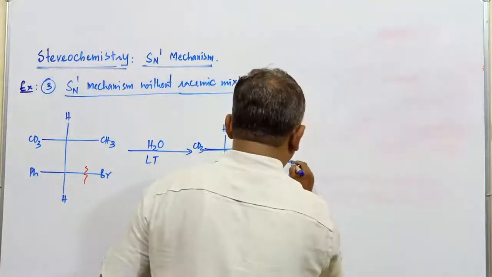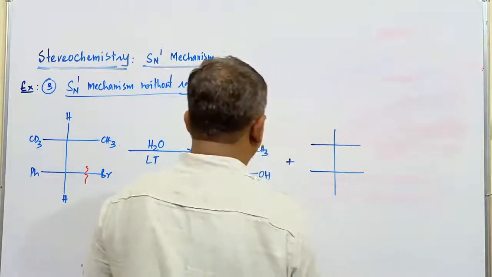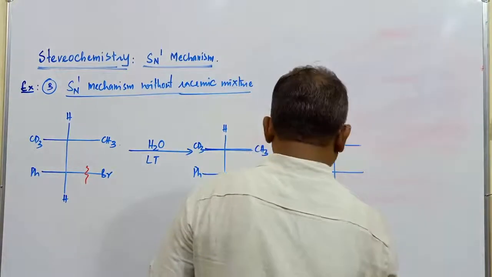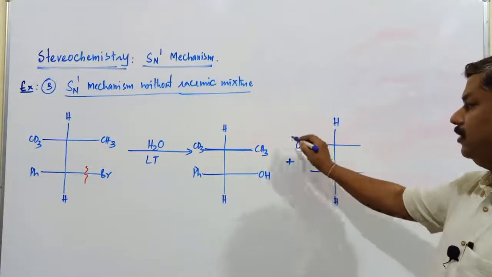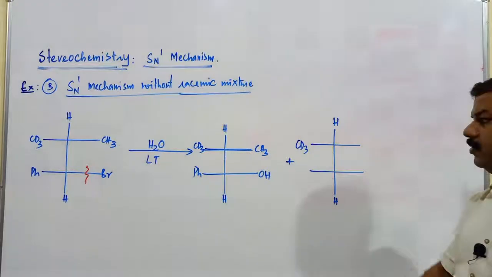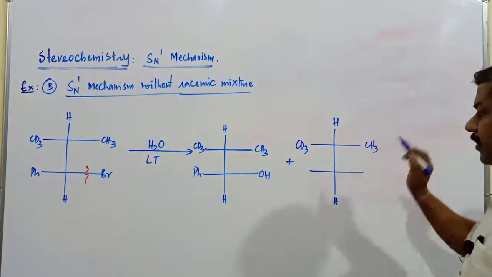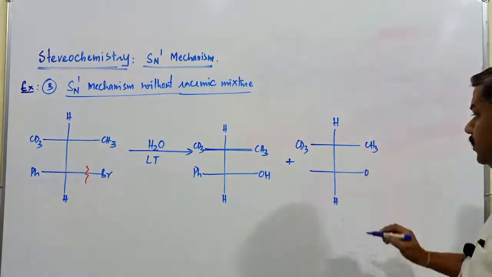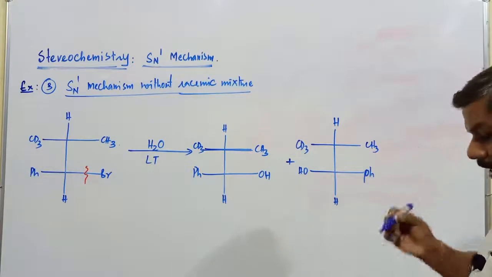One more product is possible in case of this mechanism. What is that one more product? This is hydrogen, next one hydrogen, concentrate here, this is CD3. Three deuterium atoms are connected to the carbon atom just like hydrogen. Now it is CH3. This is going to be what? OH, sorry, this is OH and this group is commonly called as Ph.